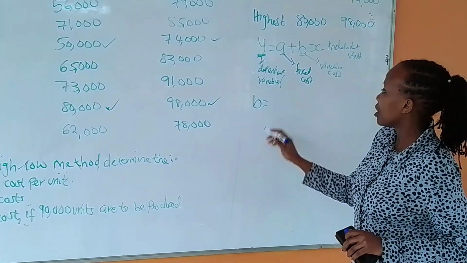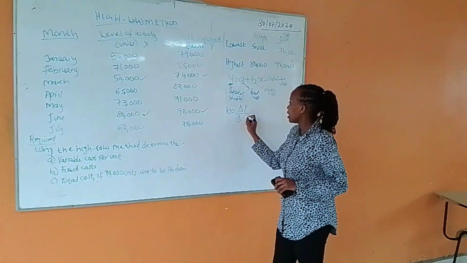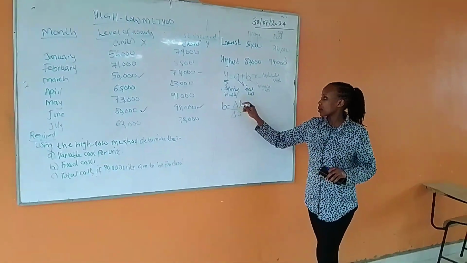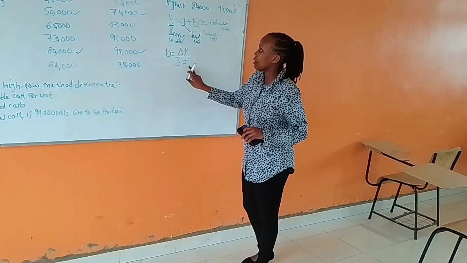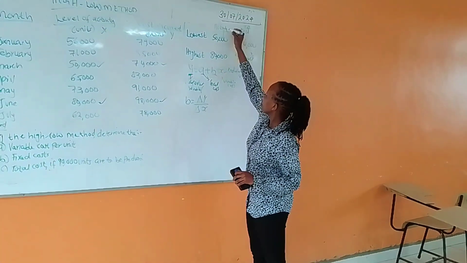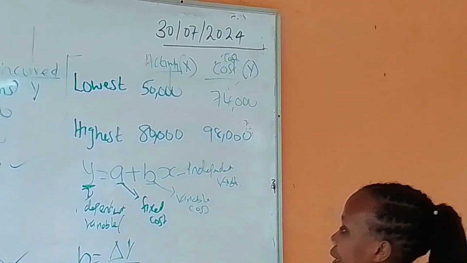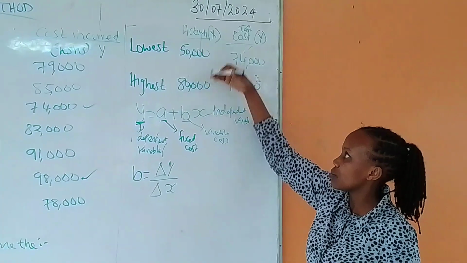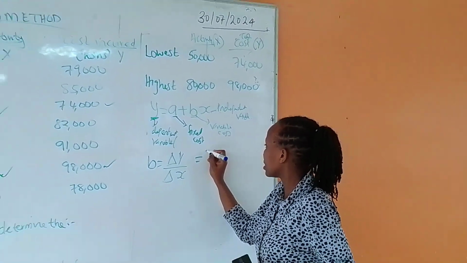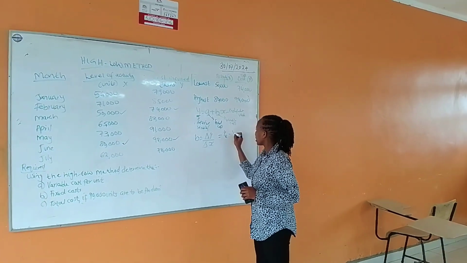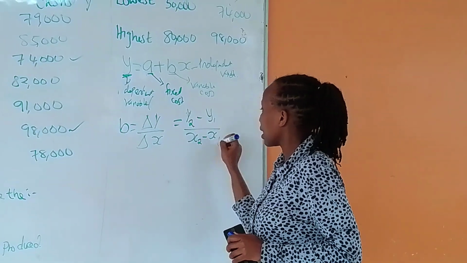To start with, we are going to solve for the value of b. To get b, we look at the change in y over the change in x. You take the change in total cost and divide by the change in the level of activity, between the highest and the lowest. So b is y2 minus y1, divided by x2 minus x1.